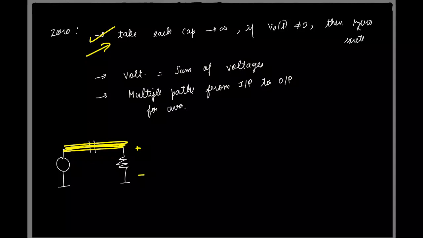Okay. And does anyone know what the transfer function is? Look, we can quickly find it. So this is the input, C and R. What is the transfer function? Right? So you indeed have a 0 at s equal to 0.